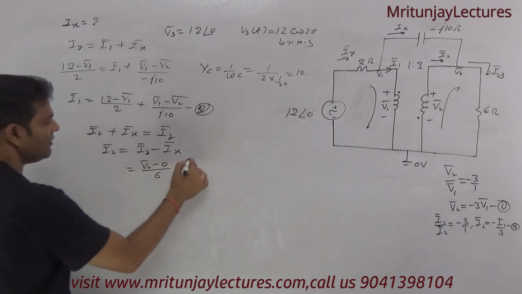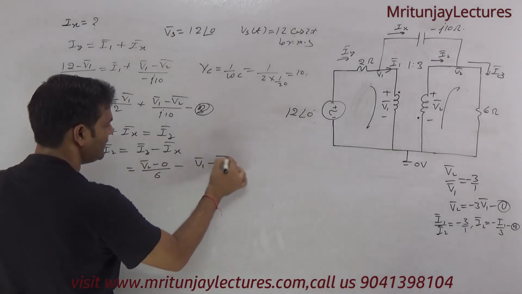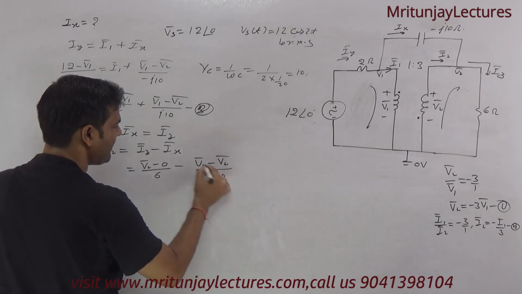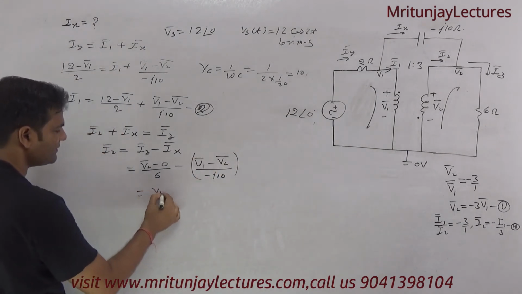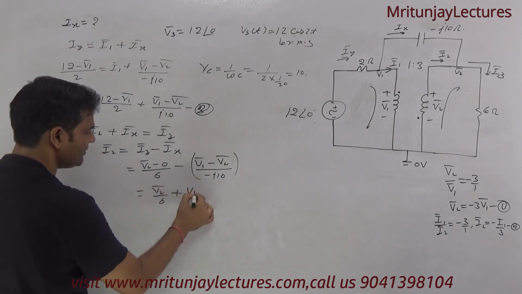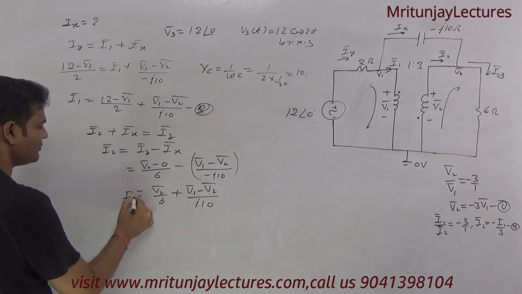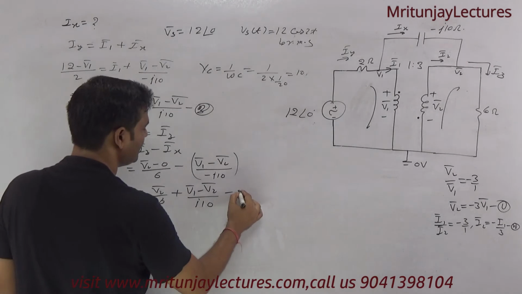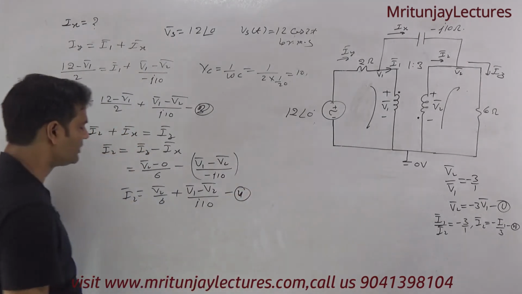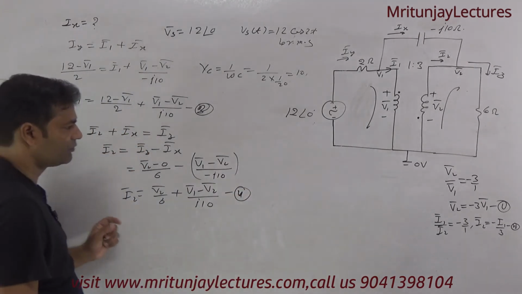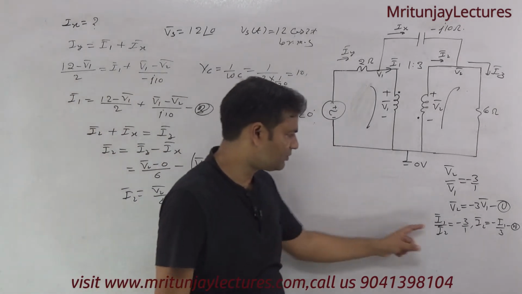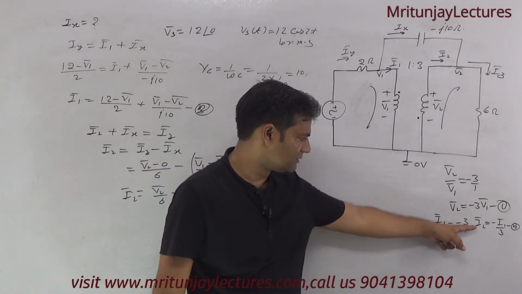Ix is V1 minus V2 divided by minus j10. So it is written as V2 by 6 plus V1 minus V2 divided by j10, that is I2, equation number 4. Using equations 3 and 4, we put this value in this equation.